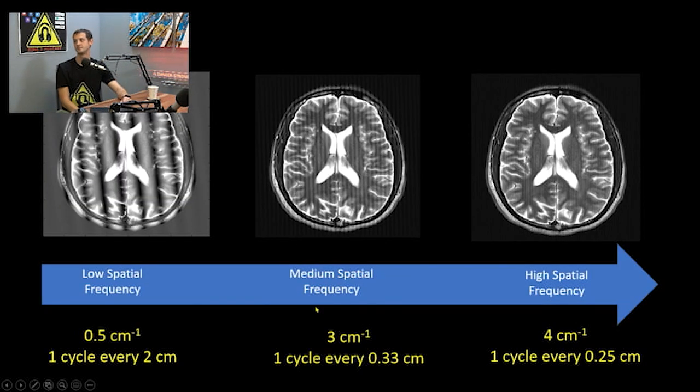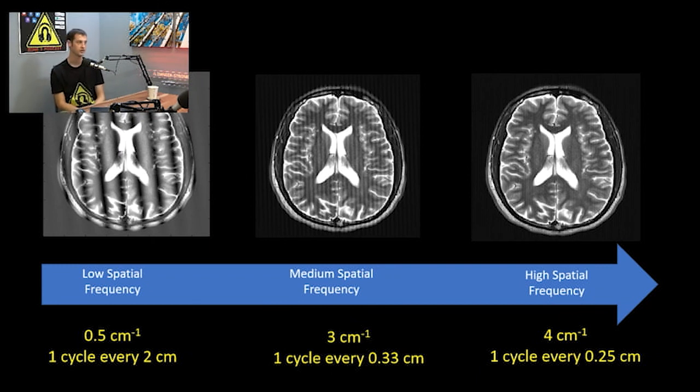I've talked about spatial frequencies. What are they physically? On the lower left, the K-space value, its position, is about 0.5 per centimeter. Or to put it in a more intelligible way, it's 1 cycle for every 2 centimeters.